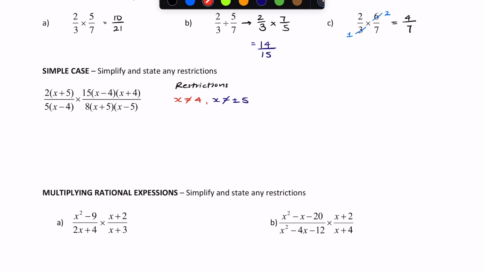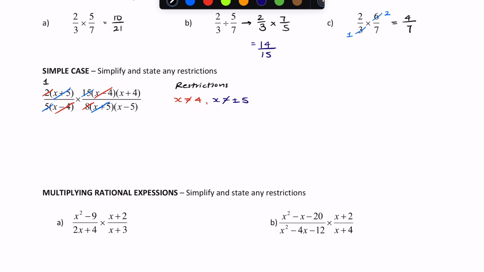And if we look at this multiplication statement, there's a few things we can cancel out. So x plus 5 we can cancel out. x minus 4 we can cancel out. And also with the coefficients, 2 and 8 can cancel out, and 15 and 5 can cancel out or be simplified.